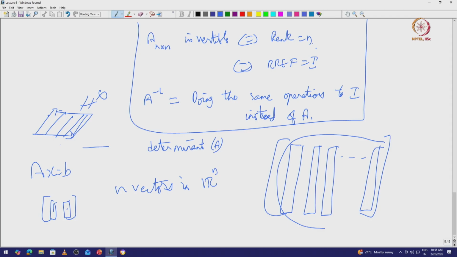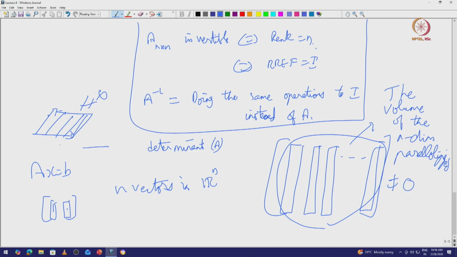So invertibility would simply mean, in some sense, geometrically, the volume of the n dimensional parallelepiped is not 0. Yeah. So the determinant is defined to model the volume of a parallelepiped, right?